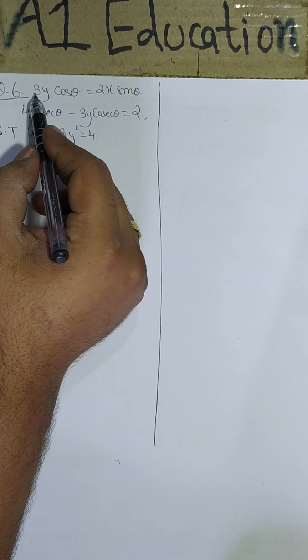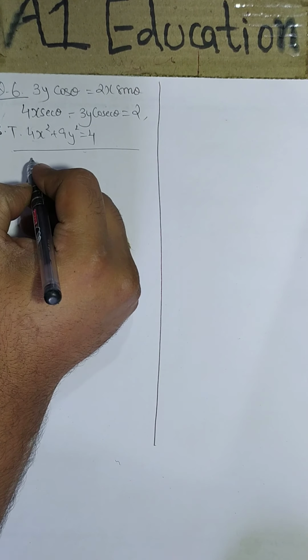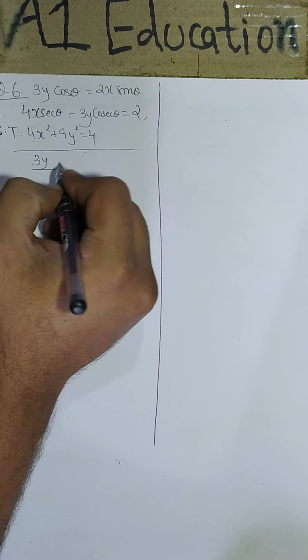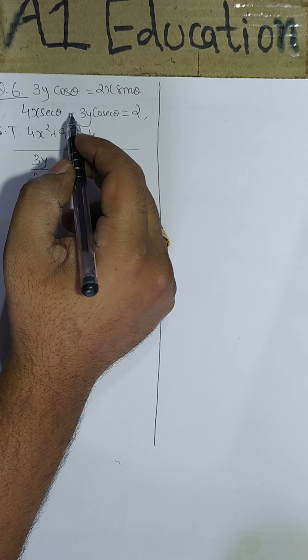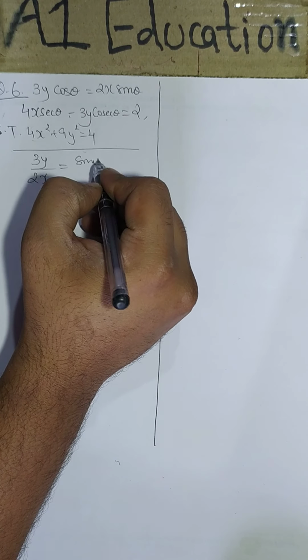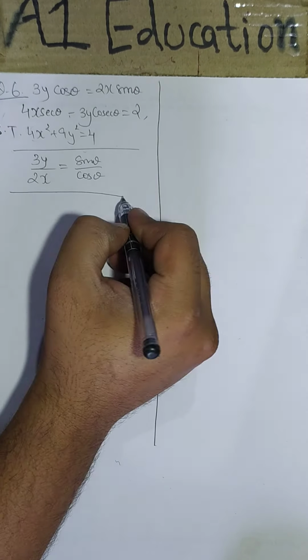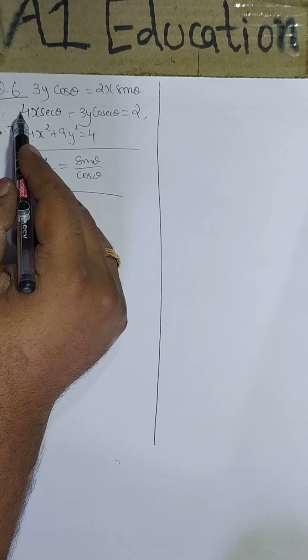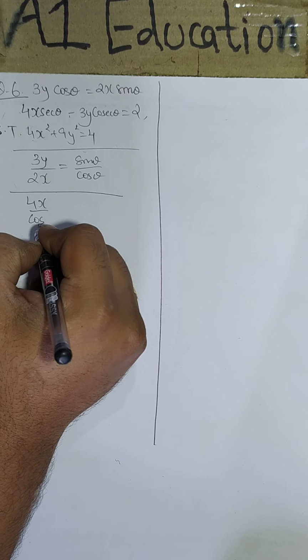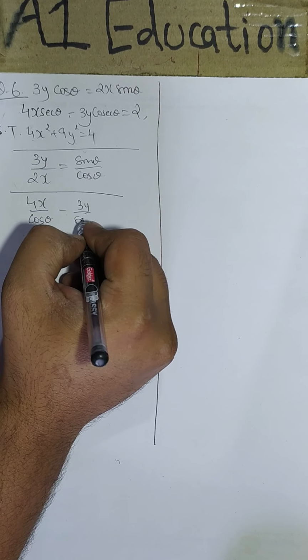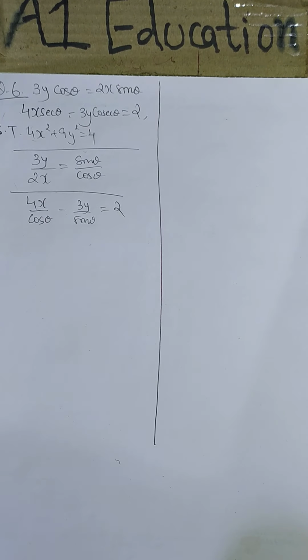So let us try to solve this first equation and see what we get. Just rearranging, we can write 3y upon 2x is equal to sin theta upon cos theta, right? Let it be as it is. Let us try to rearrange the second equation. If we convert into its basic forms, we get something like this.